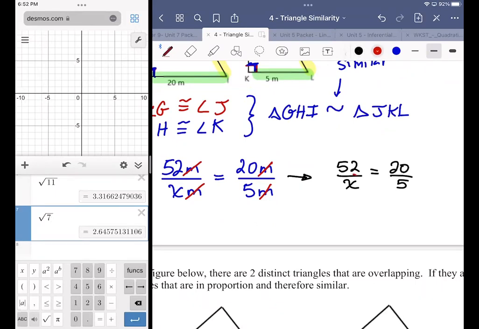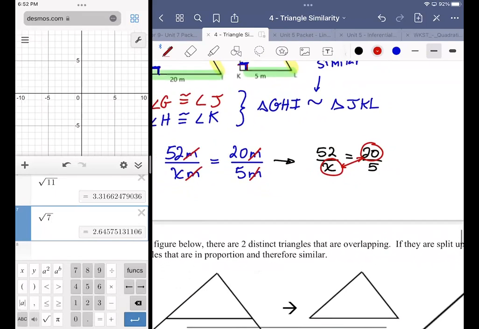I can now swap the X with the 20 and make this 52 over 20 is equal to X over 5. All right. I can also group the 5 with the 52, as in taking this and shooting it on up with the 52.